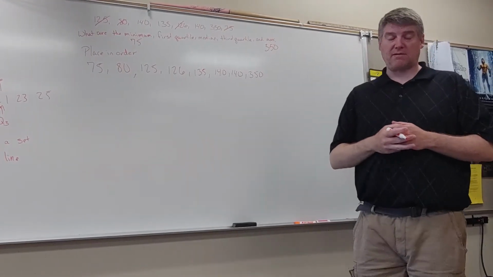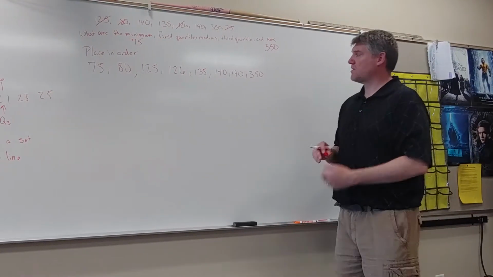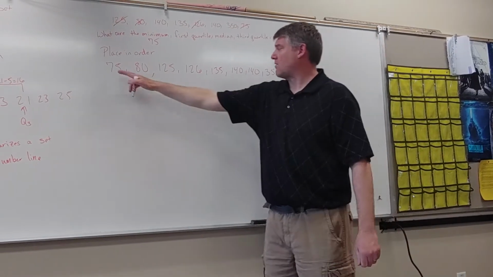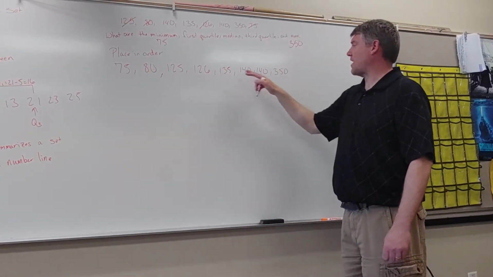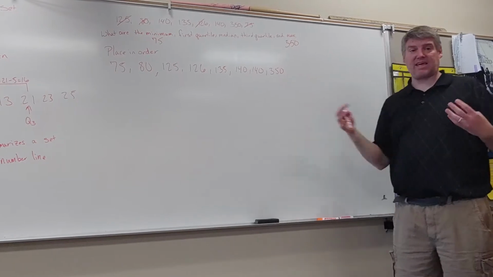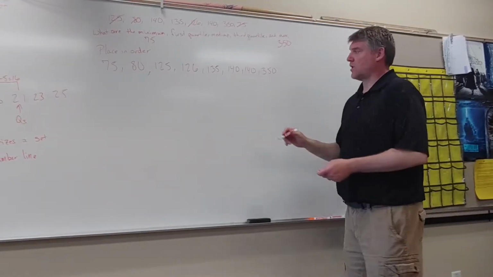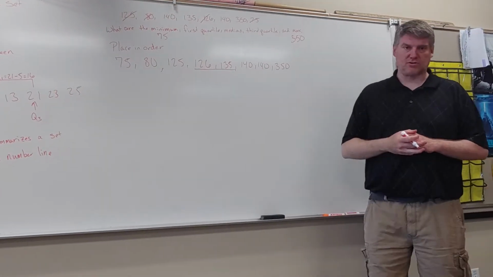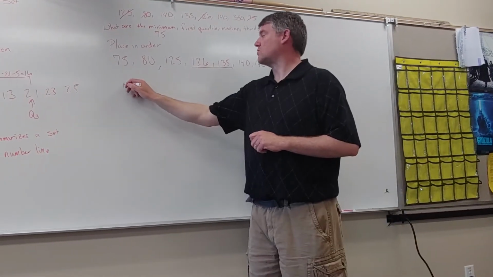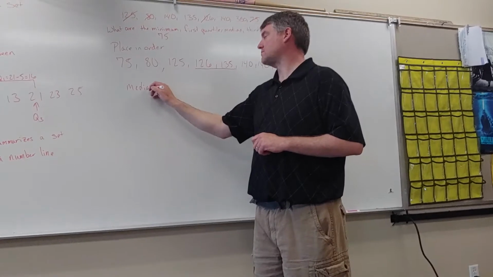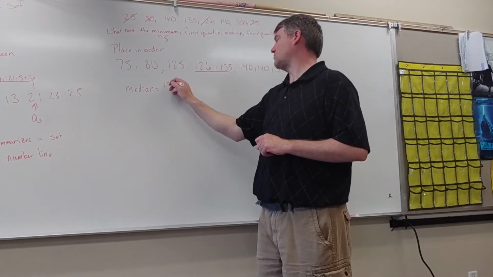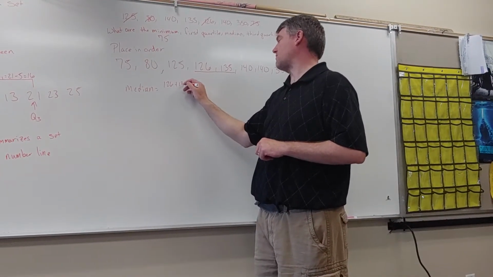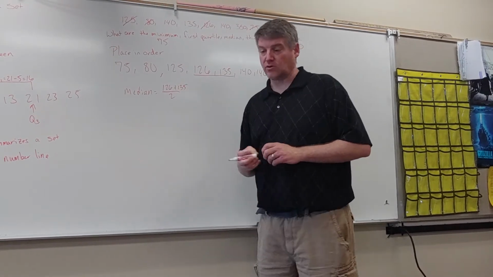So now I need to find my median. I have 1, 2, 3, 4, 5, 6, 7, 8 data values. So I'm going to find the median, or the average between those two numbers. So my median is going to be 126 plus 135 divided by 2.